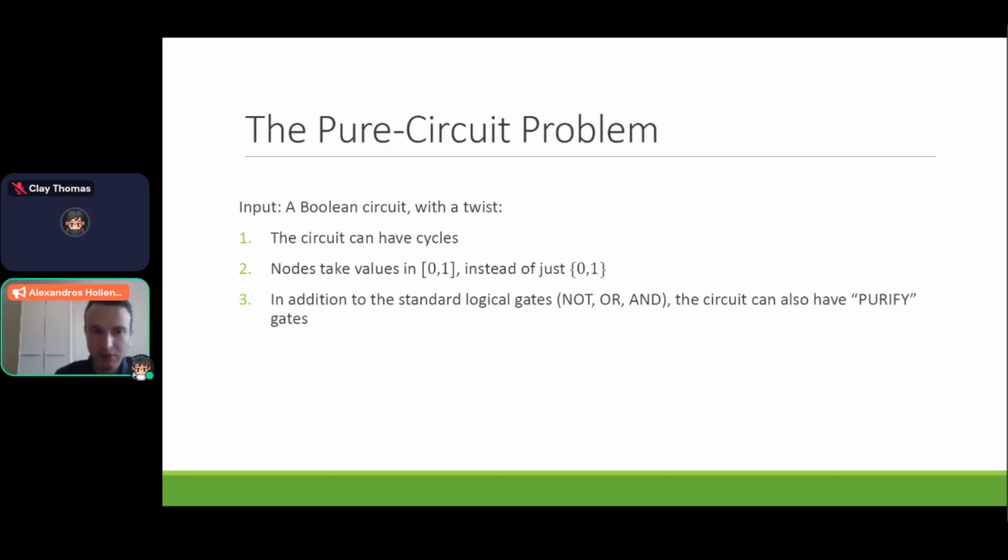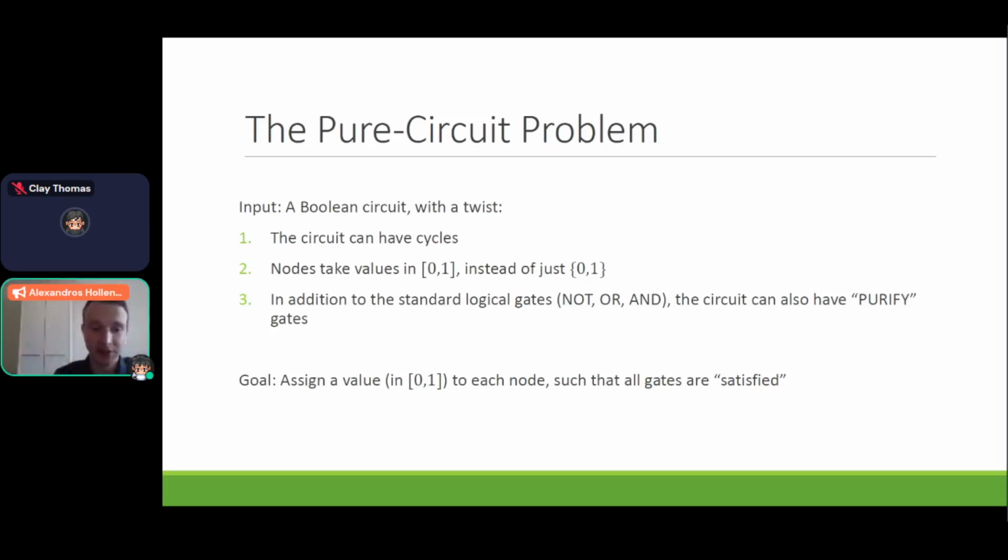Okay, so the input to the problem is just a Boolean circuit with cycles and with this additional PURIFY gate. And what is the goal? The goal now is to assign a value between 0 and 1 again, not just 0 and 1, any value between 0 and 1, to every node of the circuit, such that every gate in the circuit is satisfied.